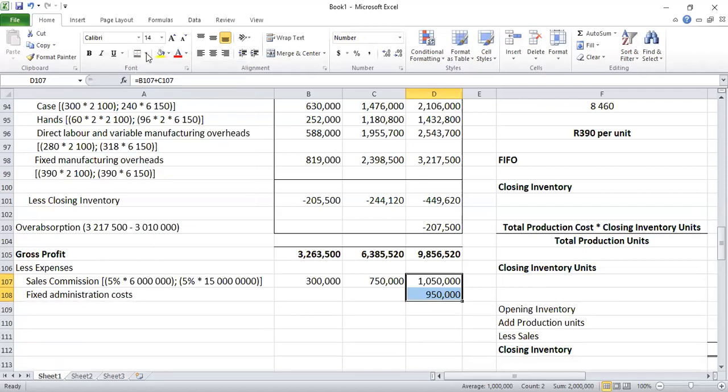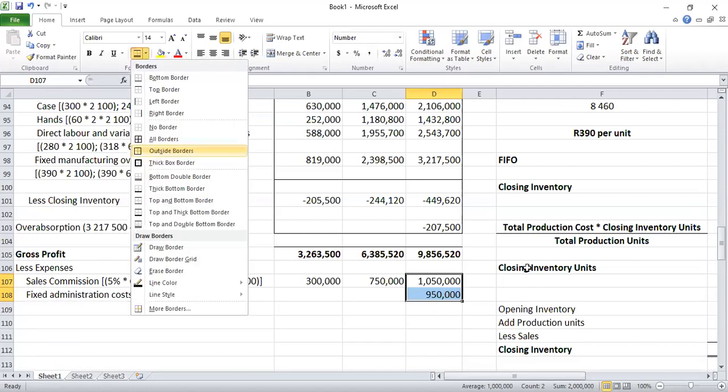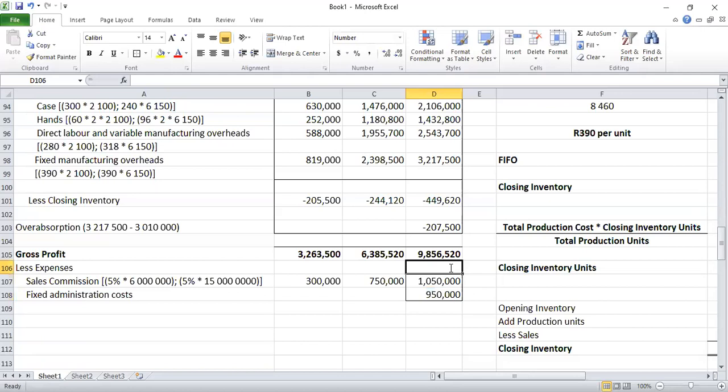There will be no need to add for the single product, because we didn't allocate all expenses to the single product, unless we had allocated all costs.